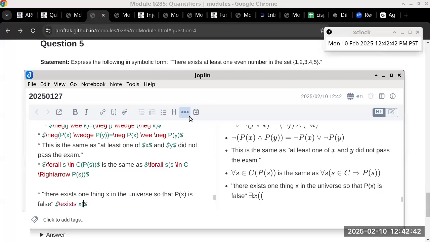It's false. No. So these two are not the same. In fact, one is the opposite of the other, because there exists one thing in the entire universe is this part here. That P of X is false is this part here. P of X itself returns either true or false, right? So that means the correct answer to what you said is you need a negation here.